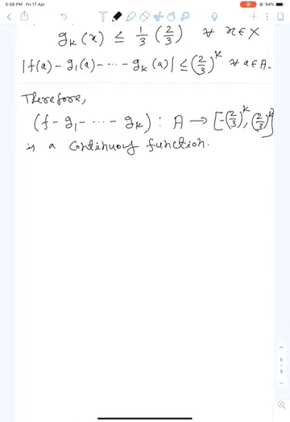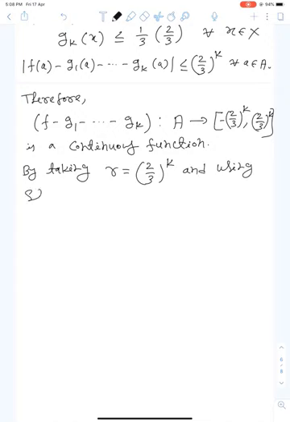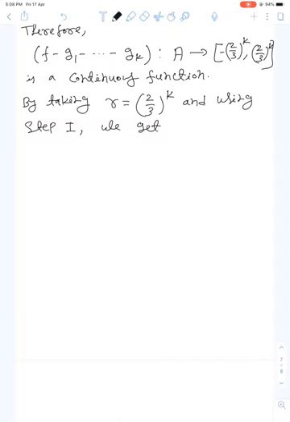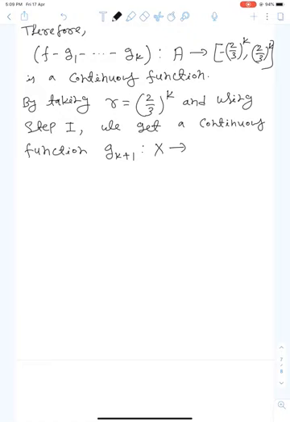So by taking r equal to (2/3)^k and using step 1, we get a continuous function gk+1 from X to (-1/3 × r, 1/3 × r), that is (-1/3 × (2/3)^k, 1/3 × (2/3)^k).